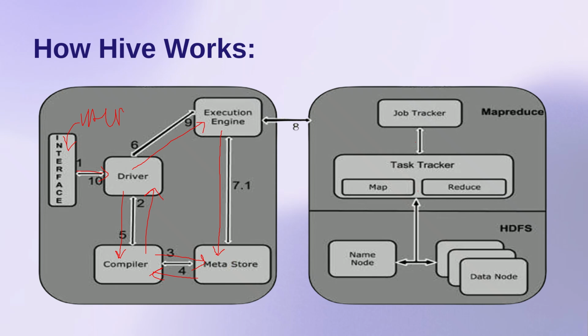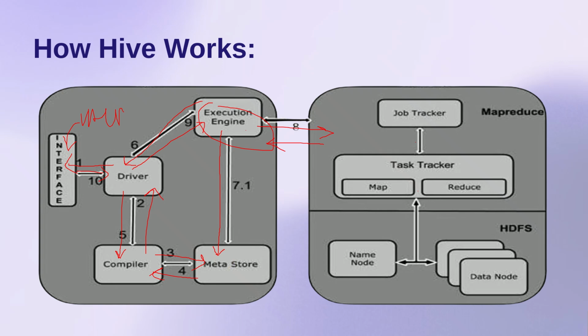Then a MapReduce job and a MapReduce program is made by the execution engine, which is sent to the HDFS cluster. The HDFS cluster processes it and gets us the data, which again comes to the execution engine. It converts into HiveQL format, sends it to the driver as a result, and the driver then gives the output to the user.